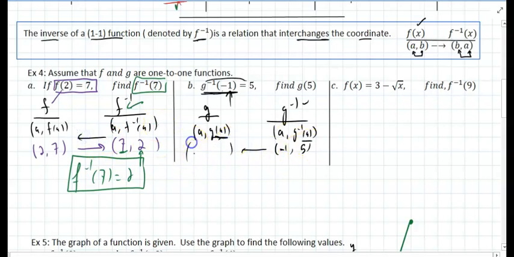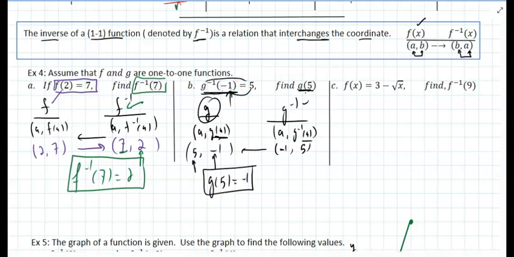Switch the x with the y. This is asking what does y equal when x equals 5 in the g. That would be a negative 1. If you're thinking we just swap those, you're missing the point of why we're doing this in the first place.